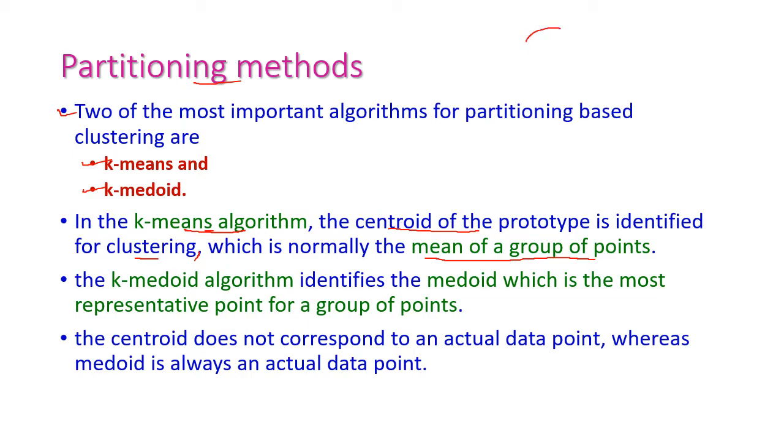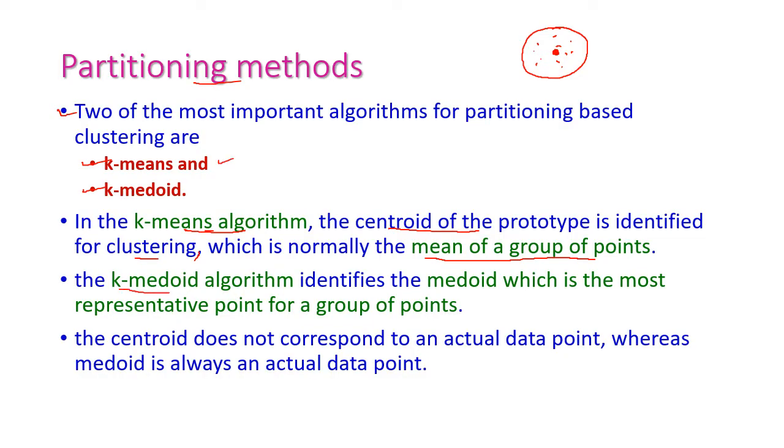For example, this is a group of data points, which will be considered a single cluster. For all the data points we need to compute the mean value, and from the mean we find the distance to the points. Based on the mean value we construct the cluster, that is the k-means algorithm.